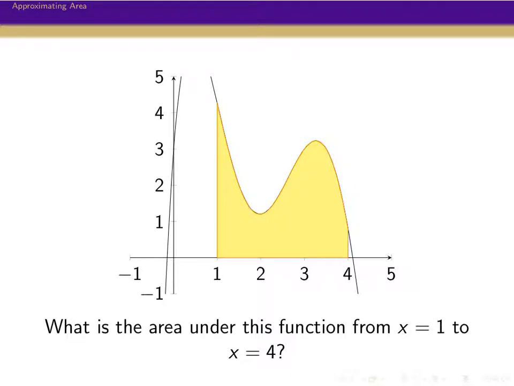When we say under this function, we really mean between the function and the x-axis. As you can see, this is not some nice geometric shape. We know how to take area of rectangles, triangles, even circles, but generally curves don't give you such nice shapes like that. So how do we do this in general?